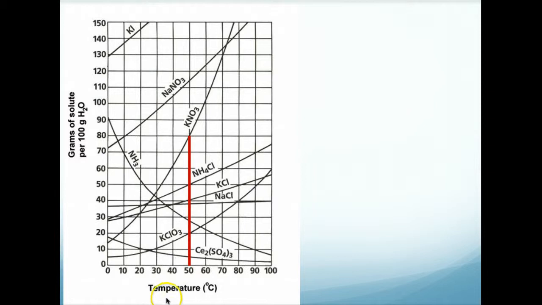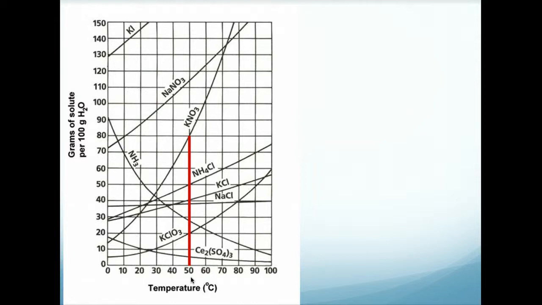Okay, so let's look at 50 degrees. What would we need to have a saturated solution at 50 degrees Celsius? We're going to follow the 50 degrees Celsius line up until it hits KNO3, and we're talking specifically about KNO3.